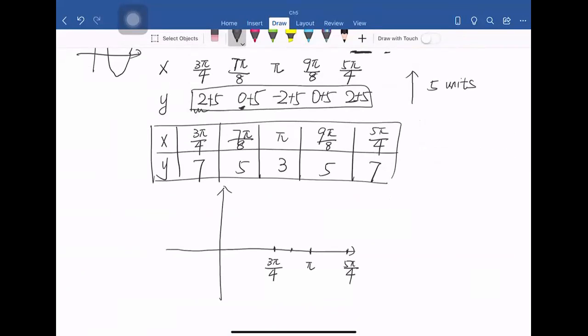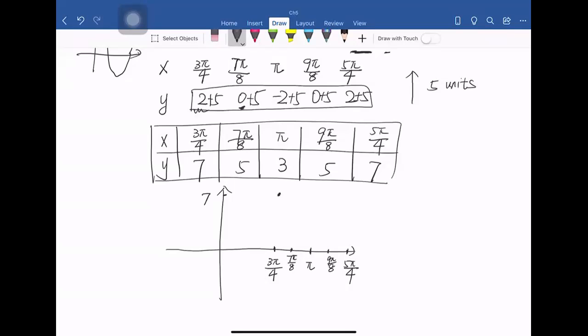And I plot the other x values, 7 pi over 8. This is 9 pi over 8. And then assume this is 7. This is the first point, 3 pi over 4, 7. And then the second one is 7 pi over 8, and the y value is 5.